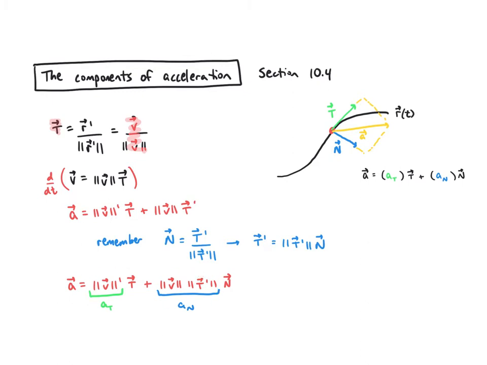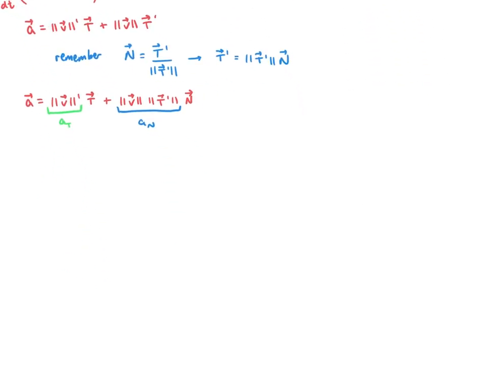So let's go ahead and start maybe with the one on the right. We're just going to come up with a general idea of how to calculate this using velocity and acceleration. So the first thing, and I'll just put remember again because this comes from our previous formulas, this is the curvature, which is the magnitude of t prime divided by the magnitude of the velocity.